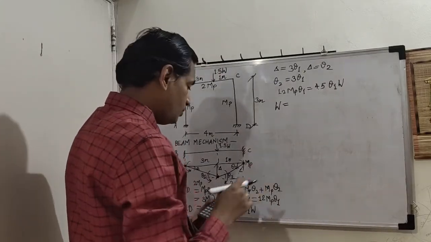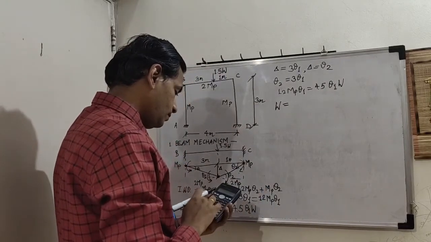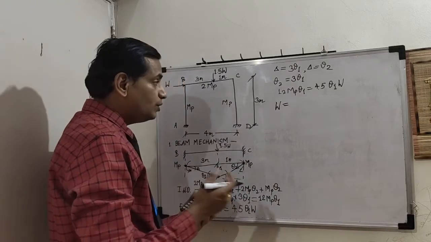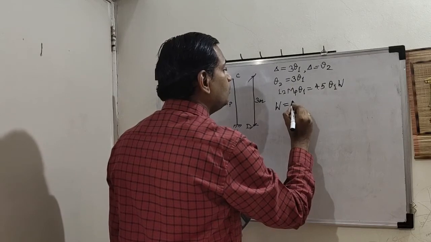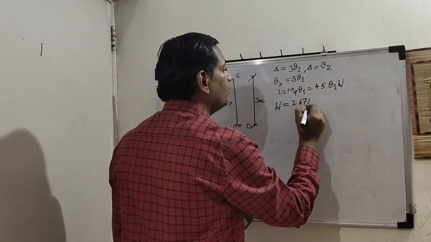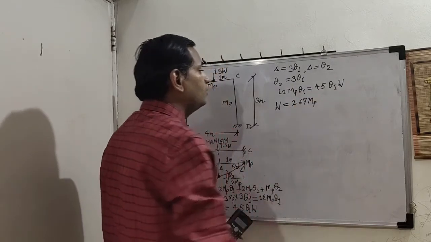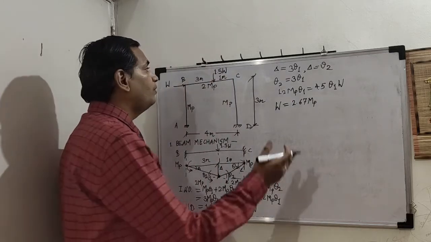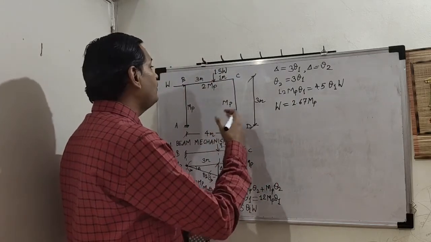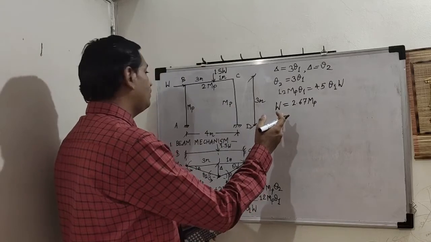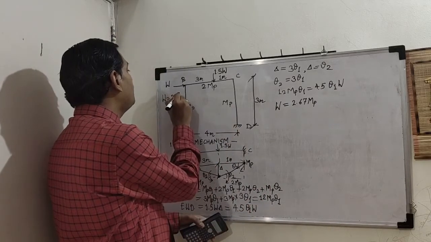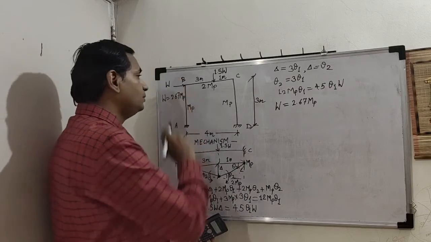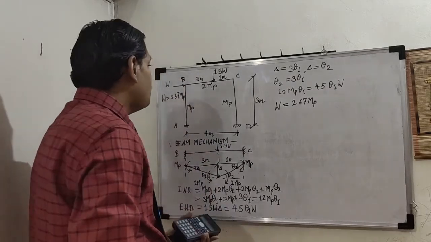So this is 2.67 MP and not MP alone. Okay, this is the value of W, one value. So we will note down this somewhere here. W is 2.67 MP. Okay. Now we will carry out sway mechanism.